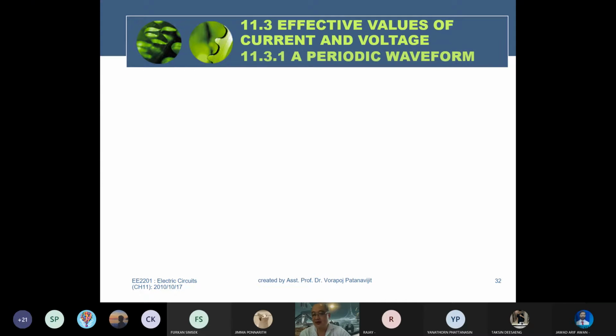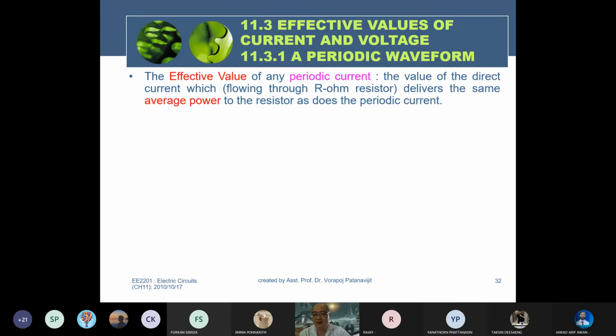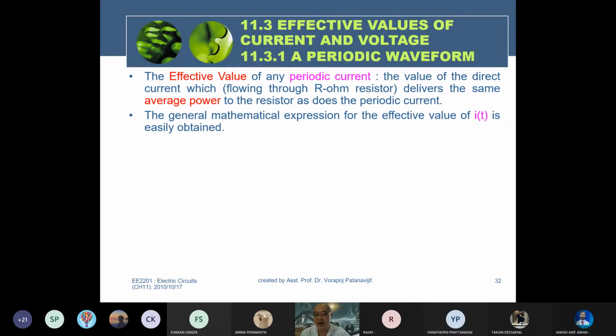Now, for a periodic waveform, the effective value of any periodic current is the value of the direct current which delivers the same average power to the resistor as the periodic current. The general mathematical expression for the effective value of the current is easy to obtain.